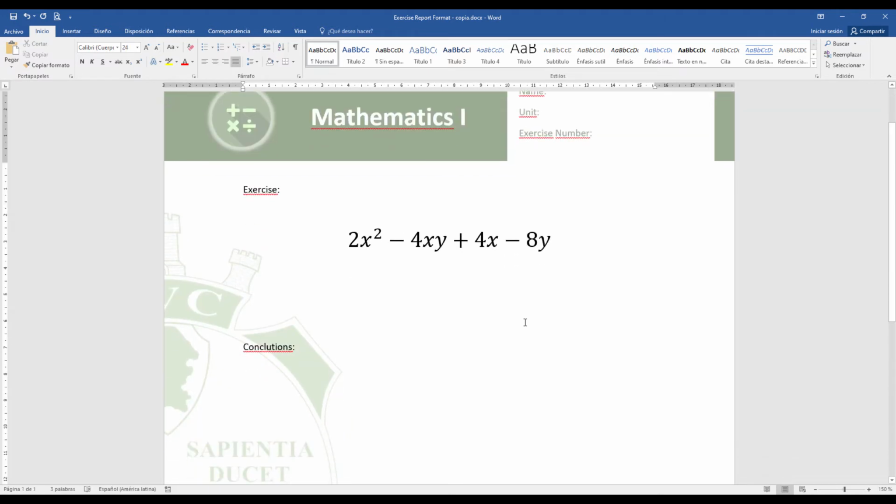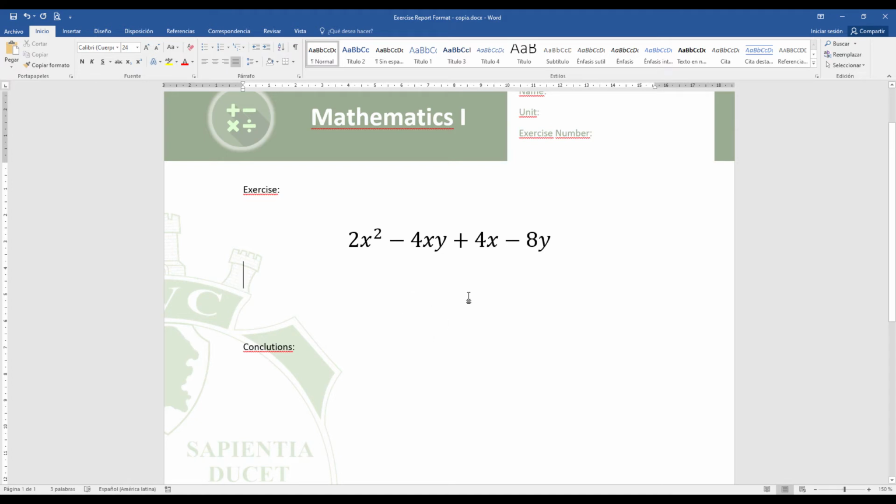Okay, this is another exercise. Now you need to look for a common factor here. You can think that for example, x is in 3 terms and y is only in 2, but remember you need to group.